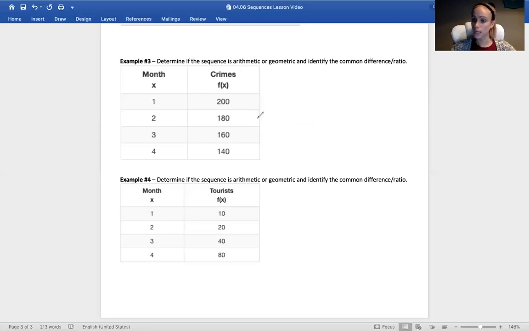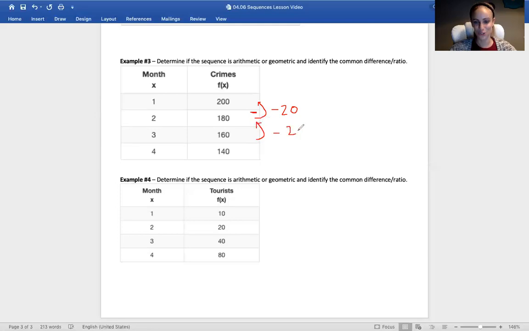If it's arithmetic, that means our pattern is through adding. So I'm going to check for the common difference by taking my term and subtracting the previous. So 180 minus 200 is negative 20. Let's try it with the next one, 160 minus 180.